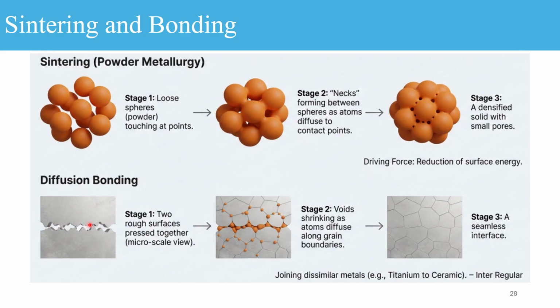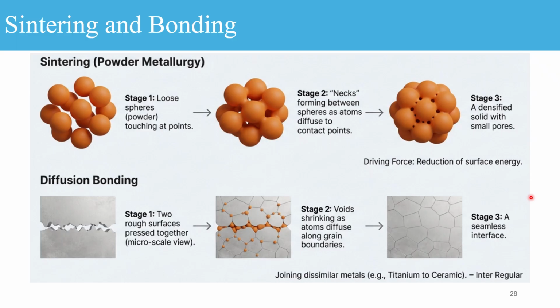With the naked eye, they seem like they are joined, but with the microstructure we see the gaps, and we apply pressure, and then because there are two different materials, atoms try to diffuse across each other along these grain boundaries, and ultimately they give us a seamless interface. This has many applications, for example connecting titanium to ceramic, which is one example of diffusion bonding.